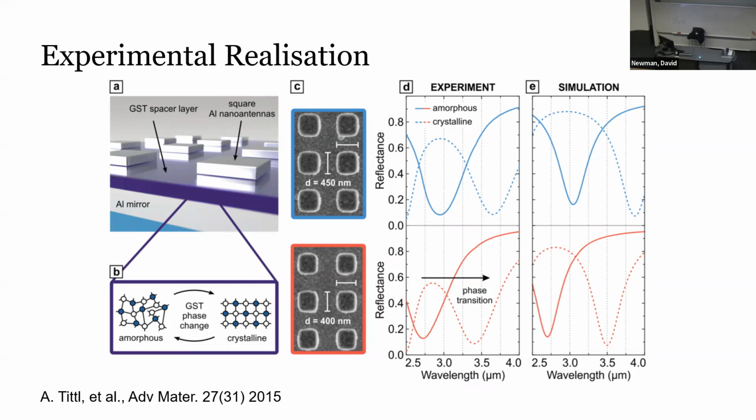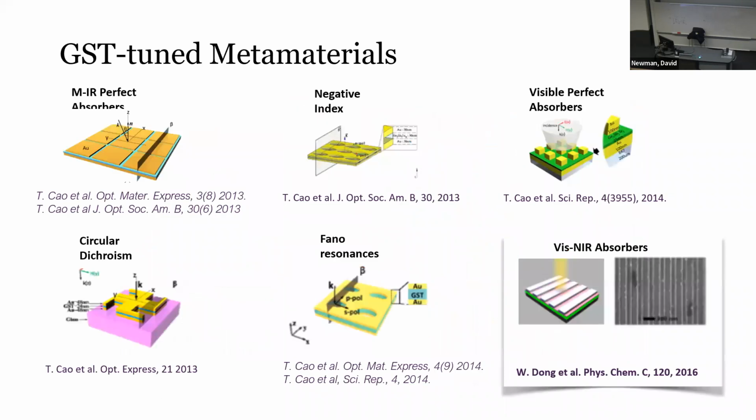So it's highly likely that this structure wouldn't survive many cycles, and quite likely, as you'll see in a minute, that the aluminium will diffuse into the GST and create some sort of alloy that is non-switchable. So gold is a better choice, but still gold is not great. Gold has a melting temperature of about 1,000 degrees C.